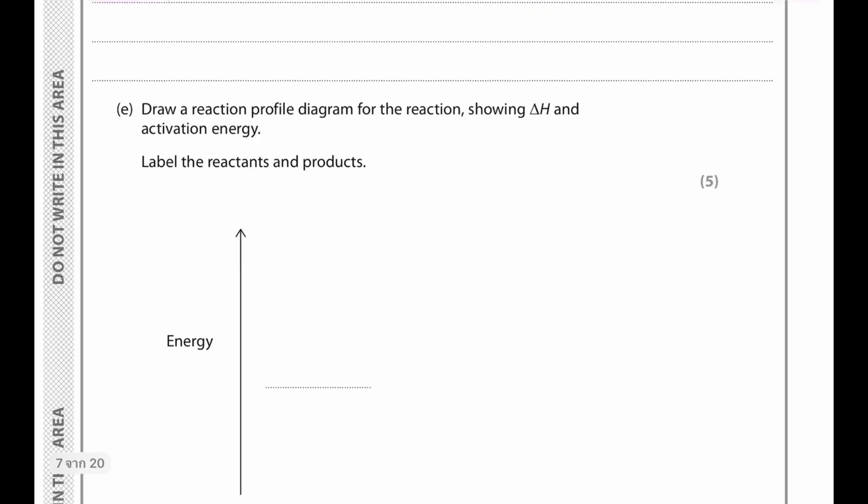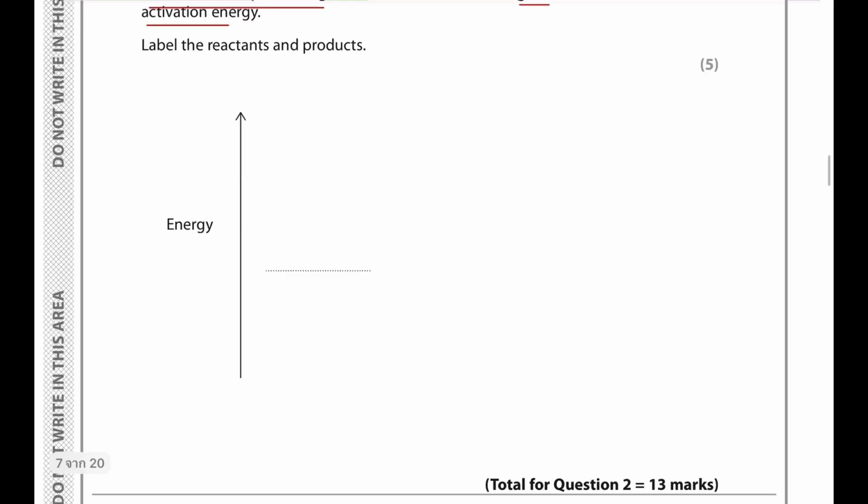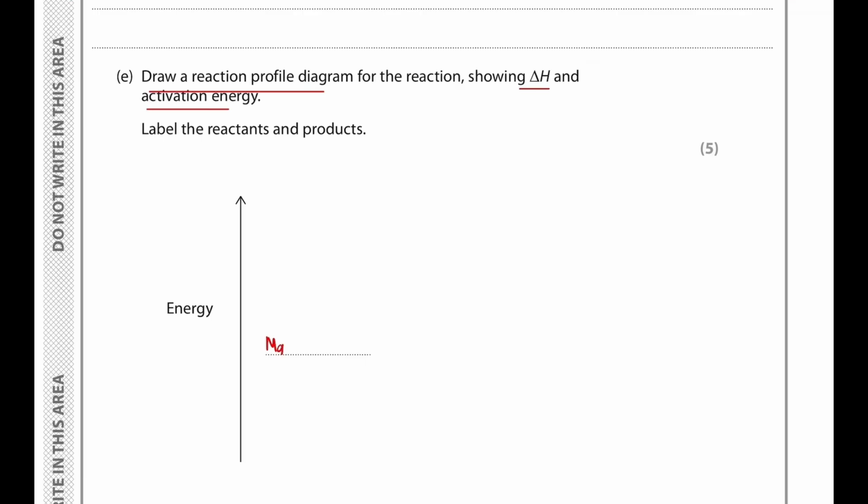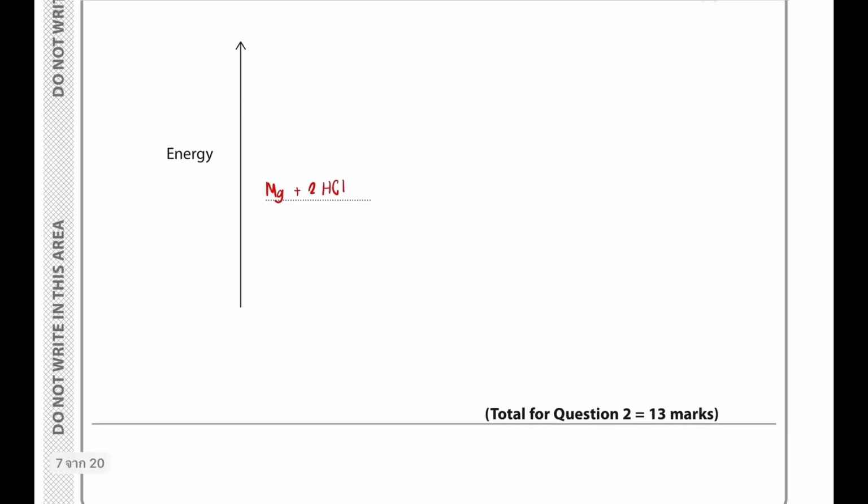Question E. Draw a reaction profile diagram for the reaction showing delta H and activation energy. So this is the reactant, which is Mg plus 2HCl. And since this is an exothermic reaction, the product will be here. Okay, so it will be like this.